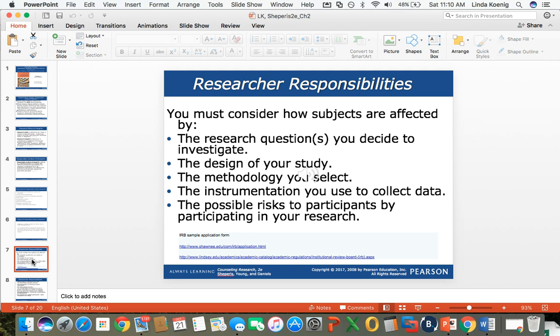If we try to investigate the impact of being sexually assaulted as a female during your undergraduate years, potentially that could have a deep impact on the subjects of that research, because each person who would qualify to be a participant would have to have been a victim at some point.